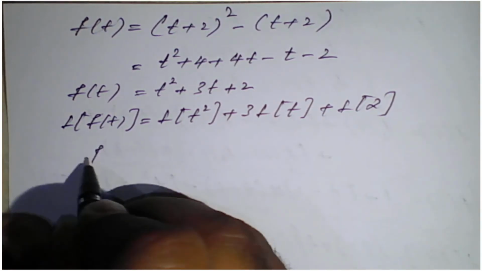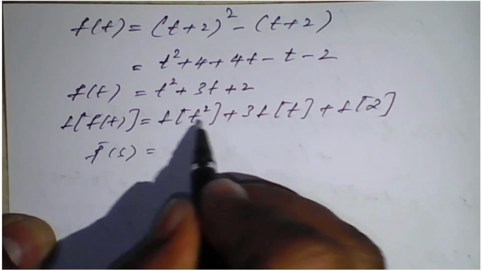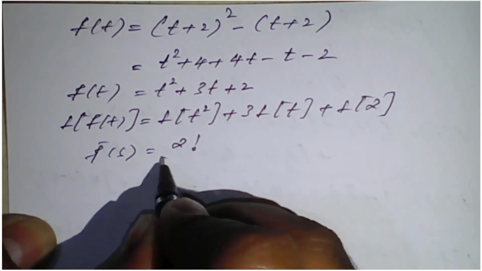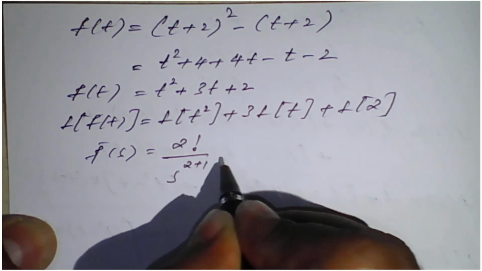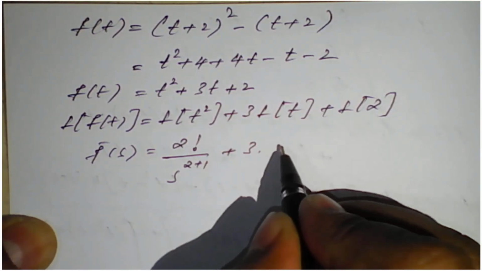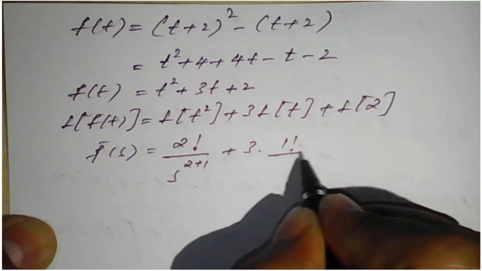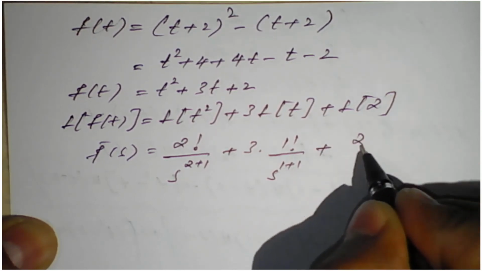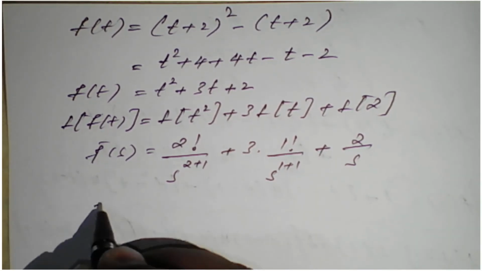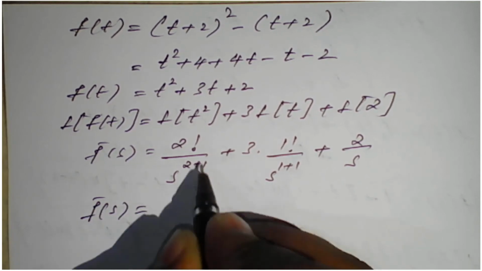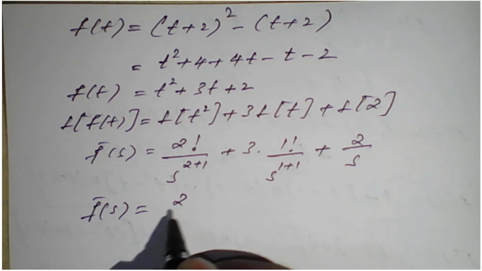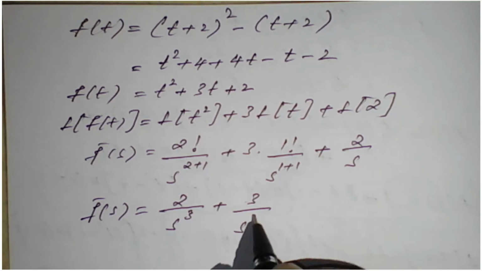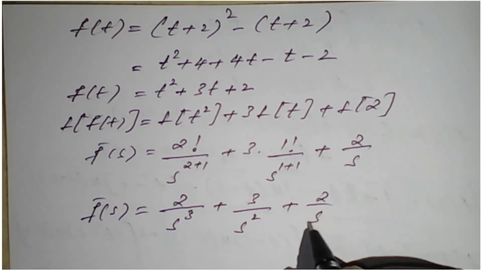So therefore, this is f dash of s. So here, Laplace transform of t square is nothing but 2 factorial divided by s raised to 2 plus 1. 3 is a constant. Laplace transform of t is nothing but 1 factorial divided by s raised to 1 plus 1, plus Laplace transform of 2 is nothing but 2 upon s. So on simplification, f dash of s will become, so 2 factorial is nothing but 2 itself. So 2 upon s raised to 3 plus 3 divided by s square plus 2 upon s.